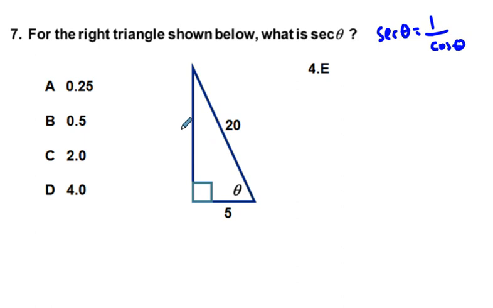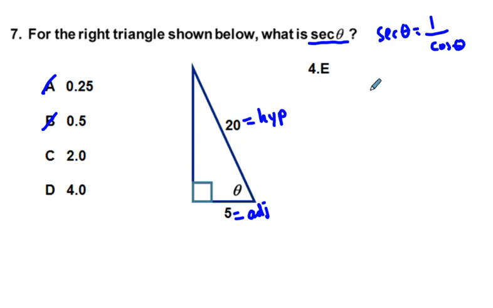So if we can find cosine theta, a cosine is our adjacent over our hypotenuse. And by the way, the absolute value of secant has to be 1 or greater. So A and B are just automatically disqualified.